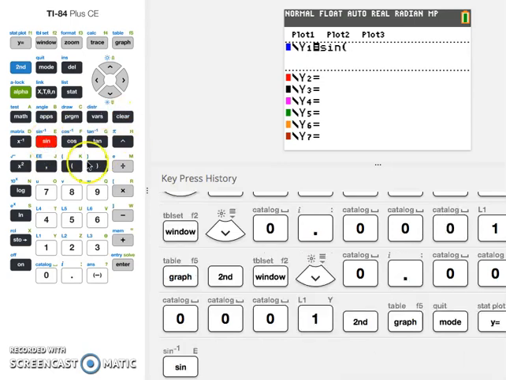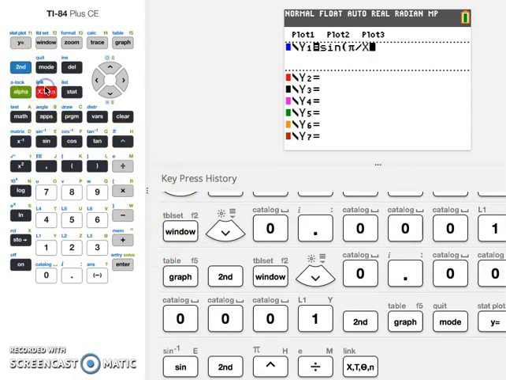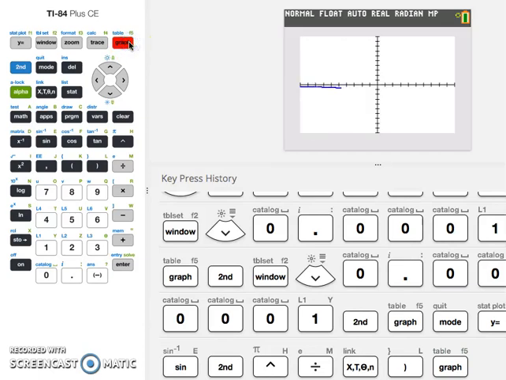So sine, and then inside the parentheses, pi is second level above our caret. So pi divided by x, close our parenthesis. All right, so now we've got our function in there. If you want to graph it, this thing looks pretty crazy, okay? We'll take a closer look at it in a little while.